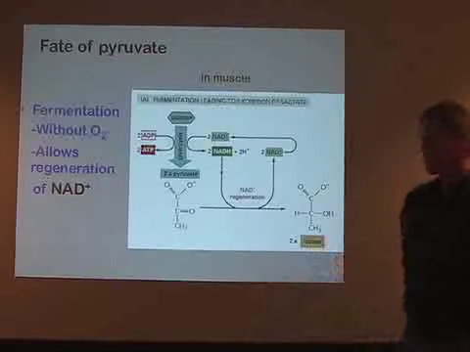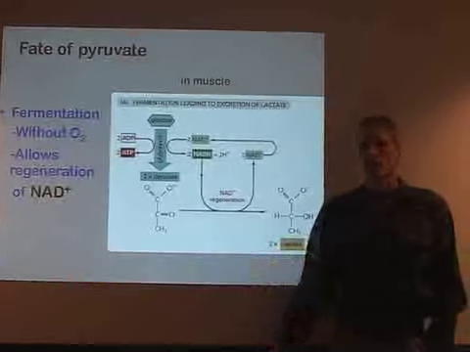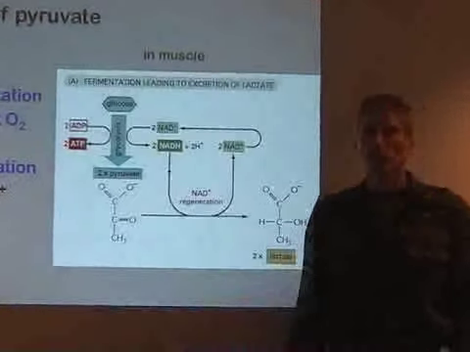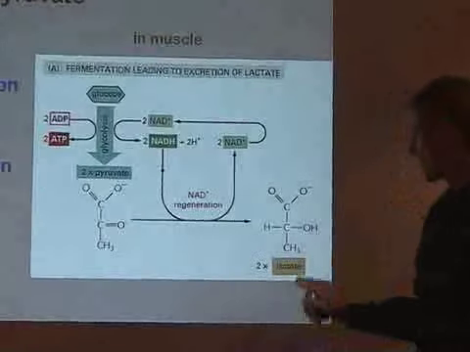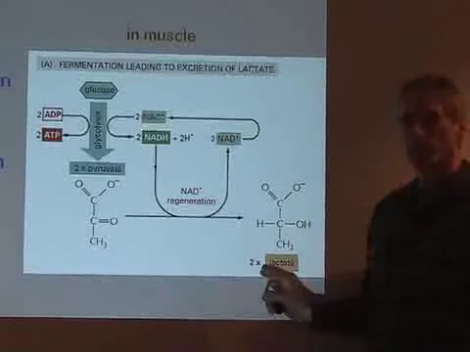Lactate, you might have heard if you exercise a lot, you build up lactate if you go anaerobic, and it makes your muscles sore if you do this. So this is when you do a sprint. When you sprint, you form lactate.